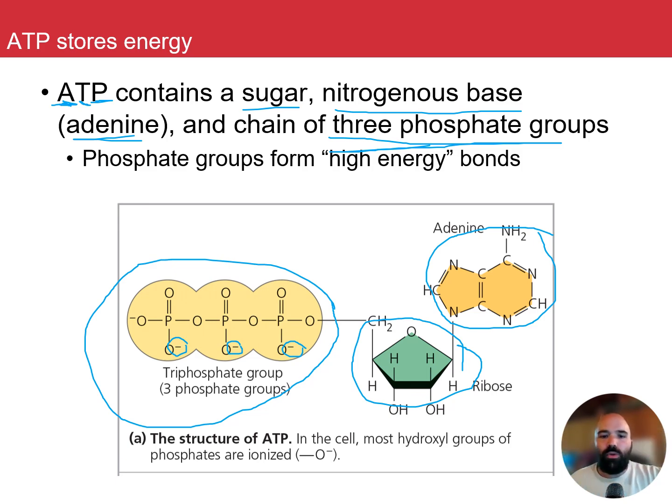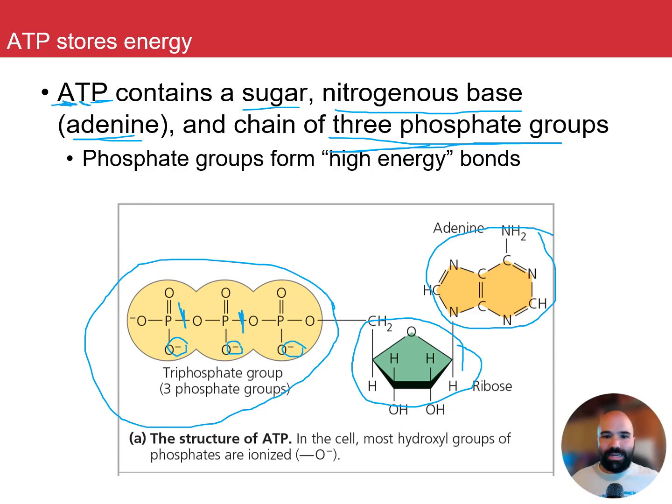So, when one of these bonds breaks between the phosphate groups, lots and lots of energy gets released. It's sort of like holding those negative charges together is sort of like pulling a rubber band back really, really far. The farther you pull it back, the harder it is to hold, and the further it will fling when you let it go.